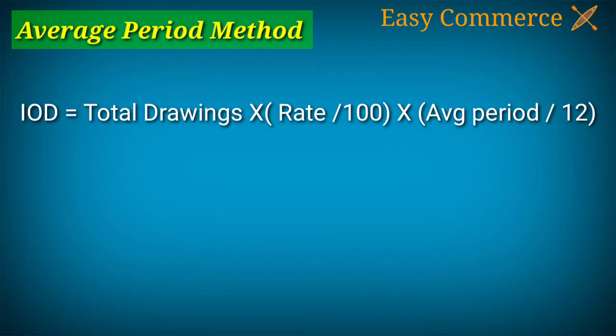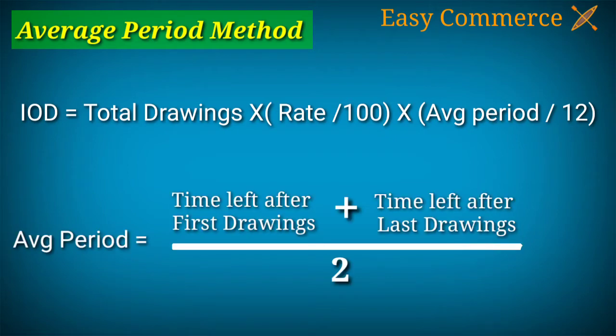In this average period method, interest on drawings is calculated by using total drawings into rate divided by 100 into average period divided by 12. Here, total drawings is the total amount withdrawn in a year, and the average period is the average of the number of months left after first drawings and the number of months left after last drawings.